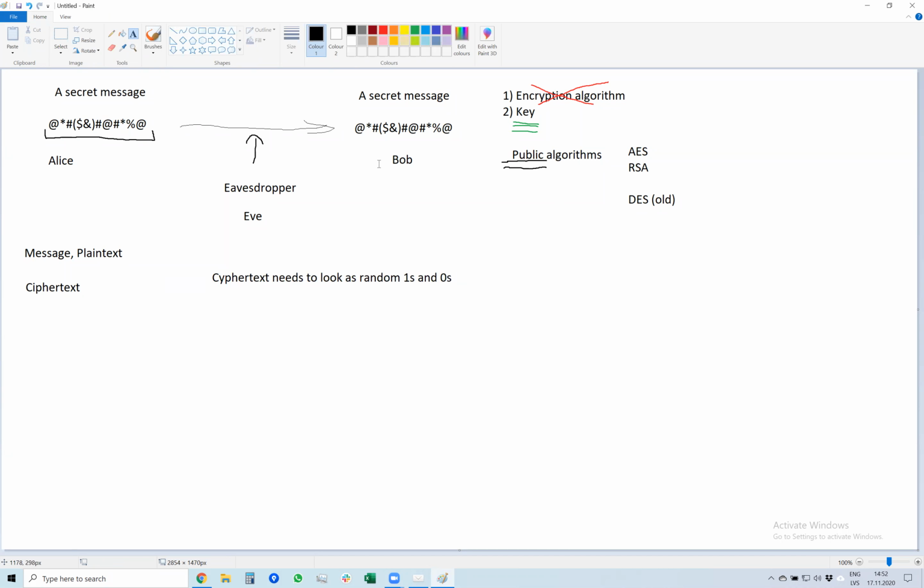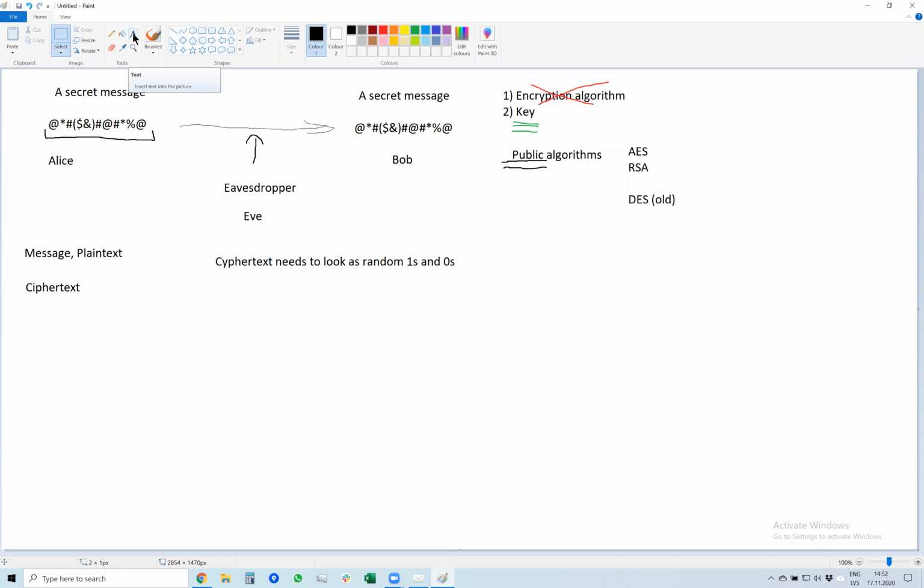So there wouldn't be any arithmetic that you could use to linearly figure out the original message. Ciphertext should look like just random ones and zeros. I'll just tell it to you and you can memorize it.